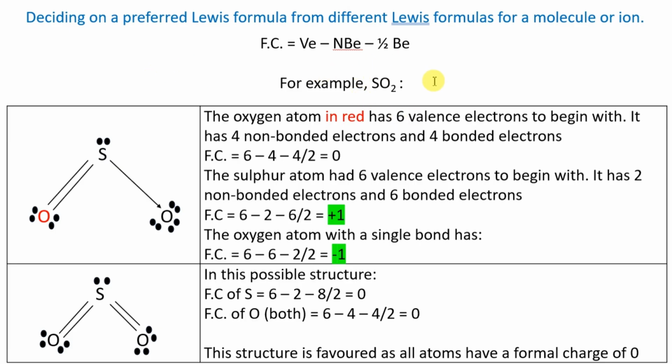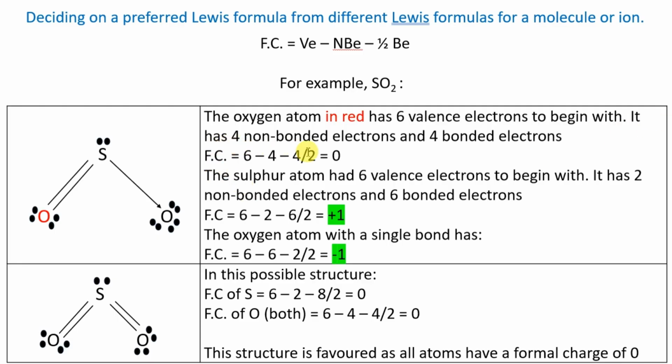Here I'm looking at SO2. We're deciding on a preferred Lewis structure from different Lewis formulae for a molecule or ion. My equation again. Two structures shown in the table on the left. In the top structure, the oxygen atom in red, that's the one on the left, has 6 valence electrons to begin with.